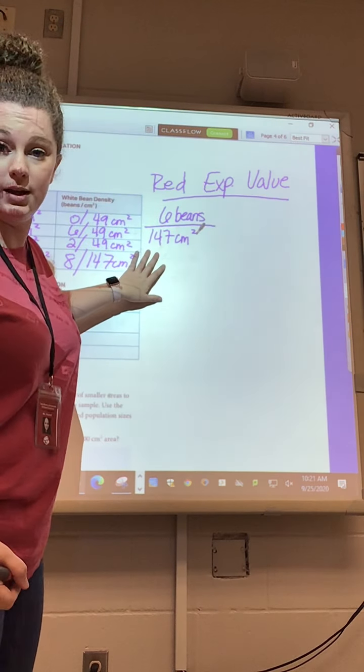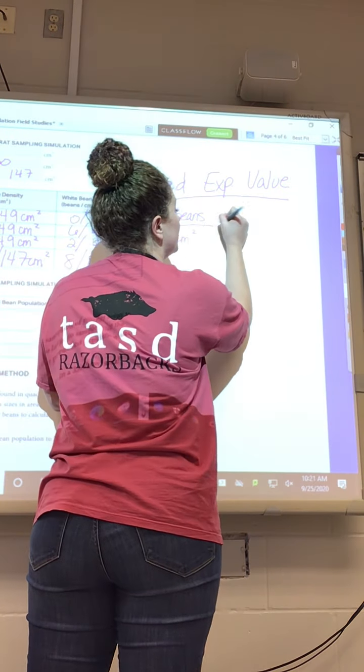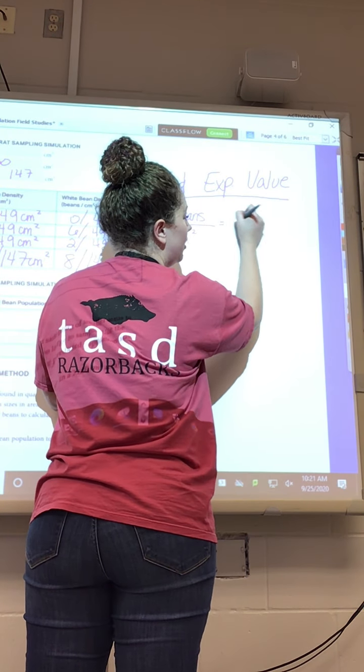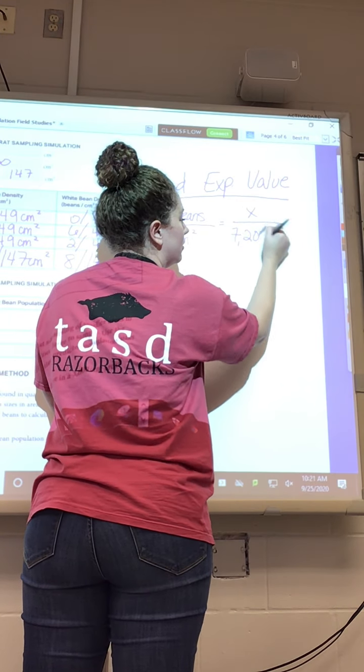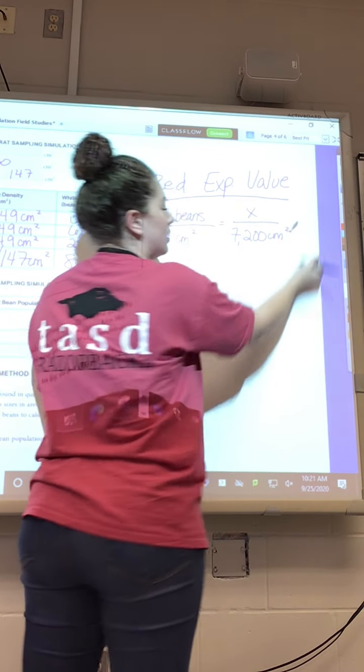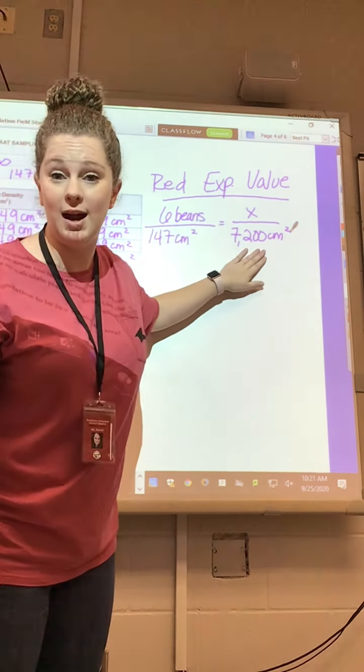This is how many I had, okay? This is how many I counted when I threw my quadrats out. Now I'm going to set that equal to how many would I have in that entire rectangle. So we're just saying if I have this in this space, how many would I have in the entire space?